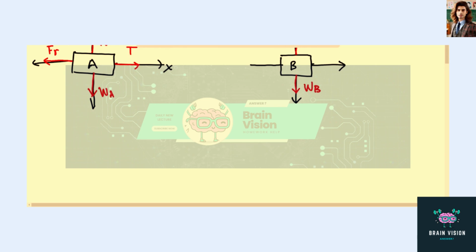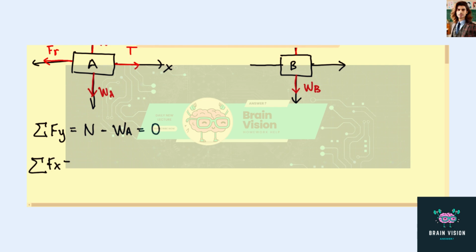Now, applying Newton's second law, we sum all the forces. The forces in the y direction for block A are the normal force minus the weight of A. This equals 0 because the block is not moving in this component.